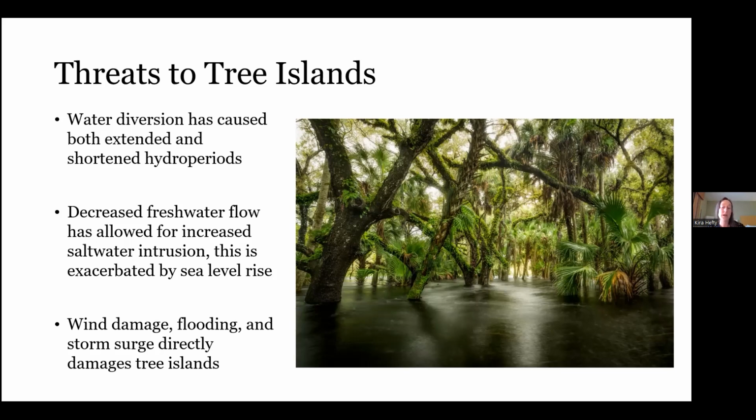If you think about it as kind of a push and pull, freshwater that's flowing naturally down the landscape is keeping that seawater at bay. But in areas where it's become drier due to this diversion of freshwater flow, that's allowing saltwater intrusion to advance farther inland. That has already been an issue, and it is being exacerbated by sea level rise.